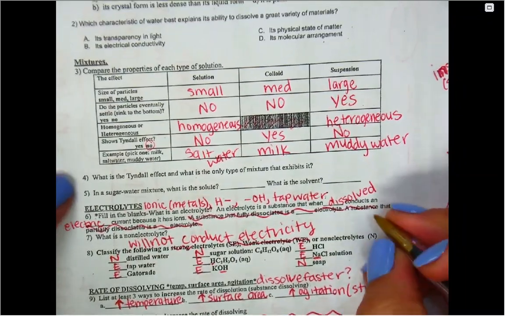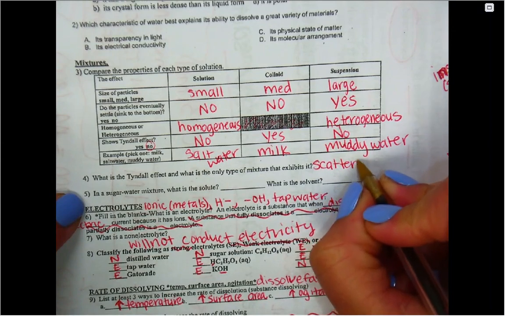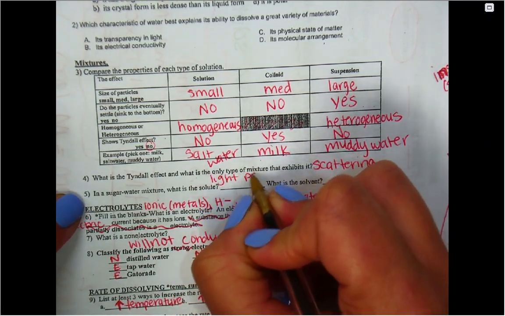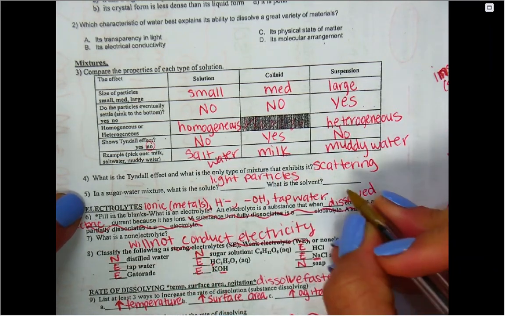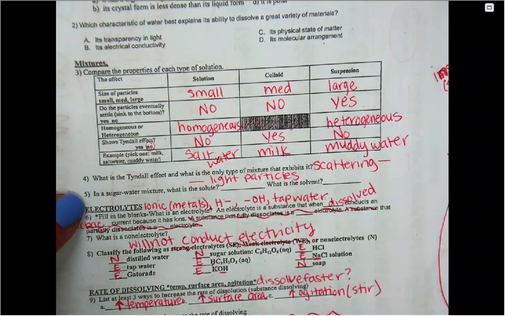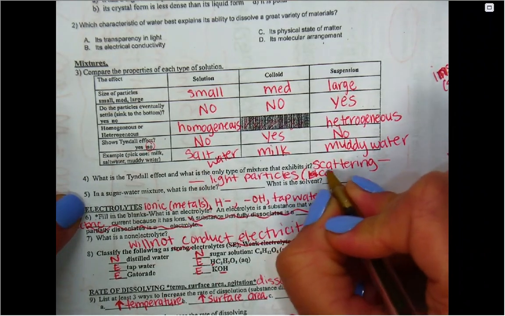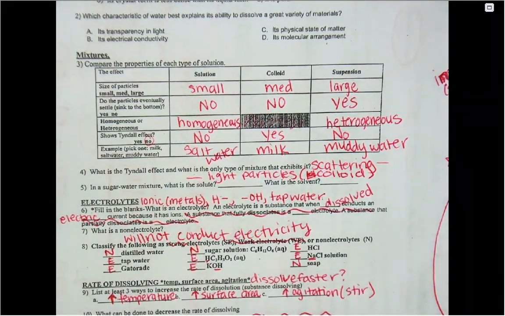Okay, the Tyndall effect will be scattering light particles. And the only one that exhibits it is going to be a colloid or milk. Okay.